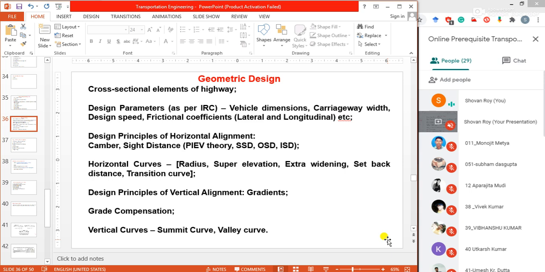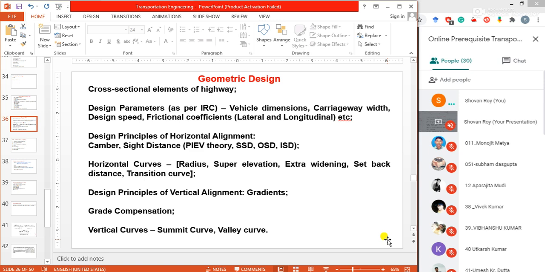So alignment is known to you, but the other terms which will come during the study, like side distance and intersections, will be new to you, and you will easily understand them when we go deep into the geometric design sections. Various parameters will be discussed under this chapter.